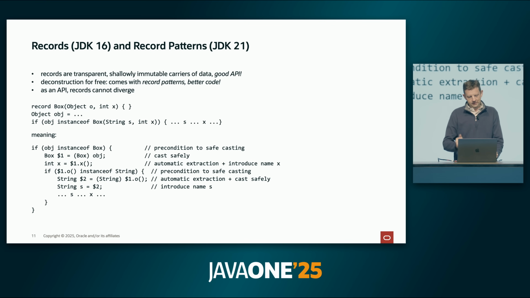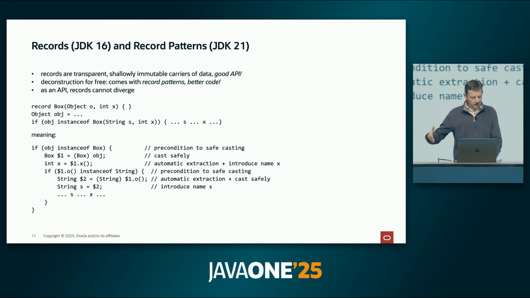So even on this pretty simple use of a record pattern, we're just decomposing the Box into its two components. All the code below is implied. We're doing the instanceof test and the casts. We're declaring variables. We're invoking accessors. That all gets collapsed down to just that simple line of code.